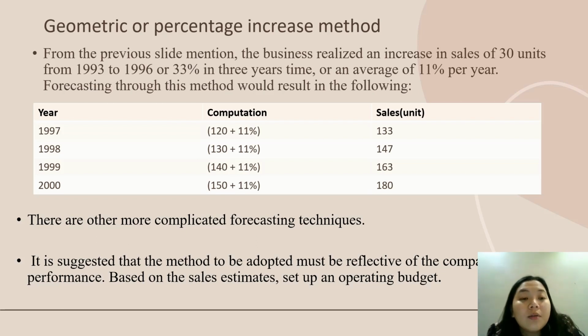So we can see that since 11% man daw per year, so we have here 1997, 120 plus 11%. So we have 133 sales unit, and then so on and so forth. We should know basic math to have this.